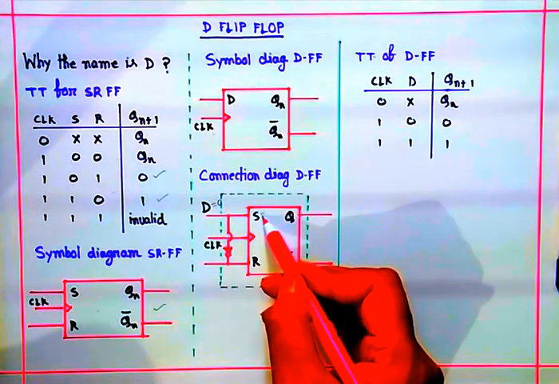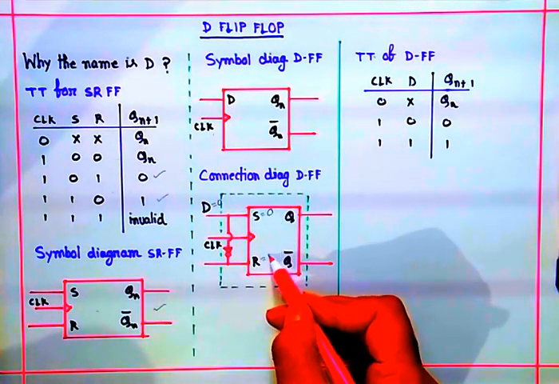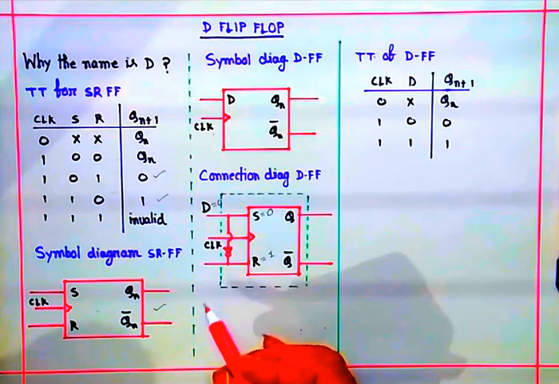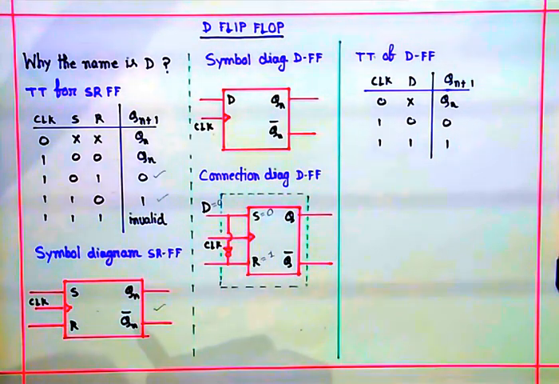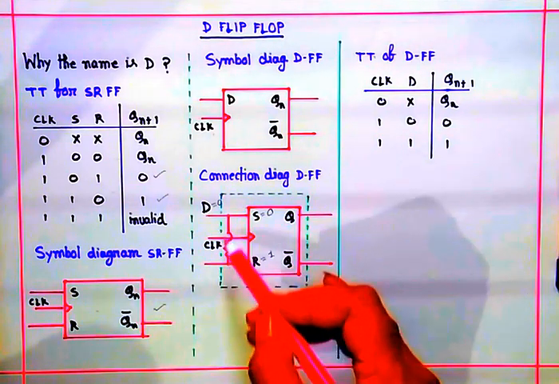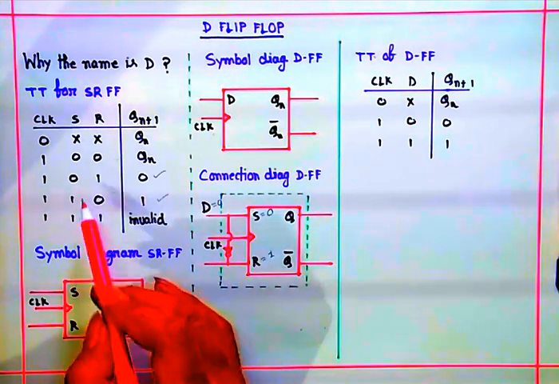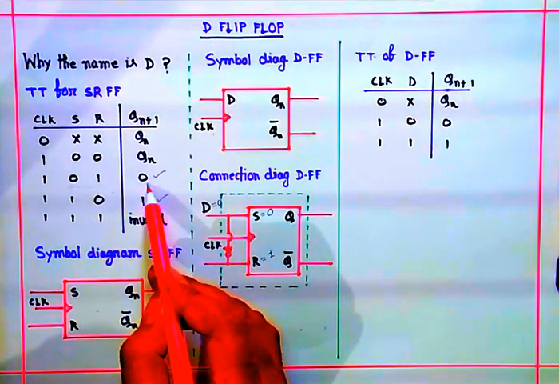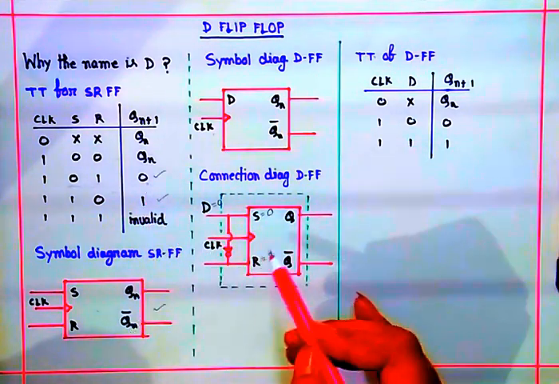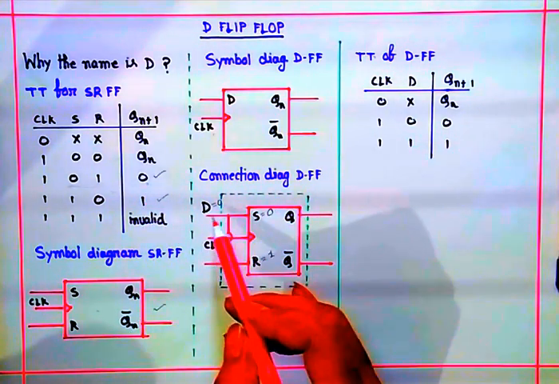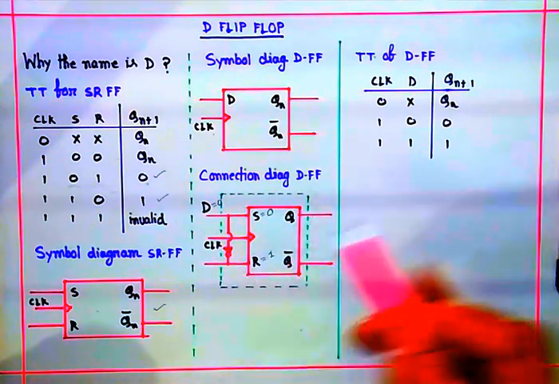Obviously the S will be equal to 0 and R is 1 because you are connecting a NOT gate between D and R. That means to this SR flip-flop you are giving input 0 and 1. That means this line. And you know that for 0 1 the output is 0. That means for this D flip-flop, when the input D is equal to 0, the output is 0.